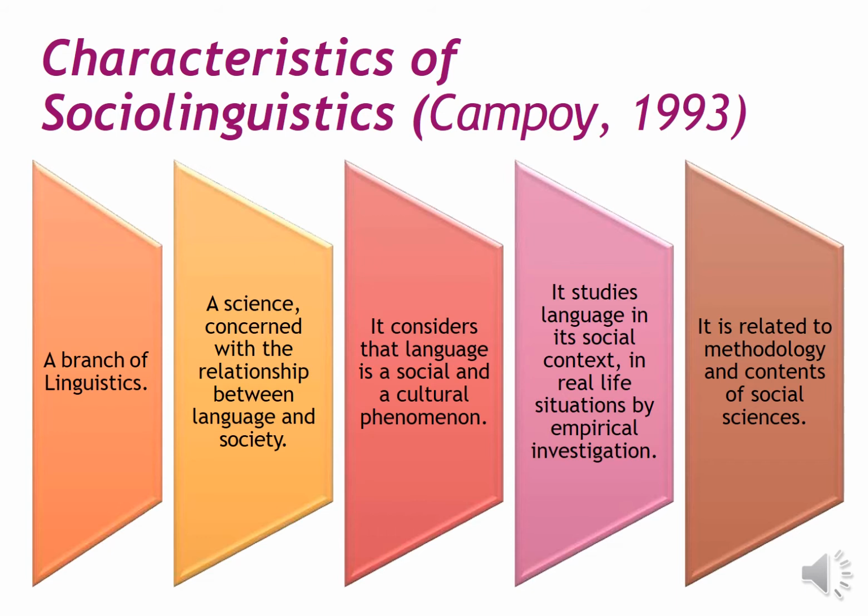The fourth most important characteristic of sociolinguistics is that it tells us about the societal context, real life experience and real life situations. It also helps us to investigate the societal aspects, the societal variations and the investigation of their society.